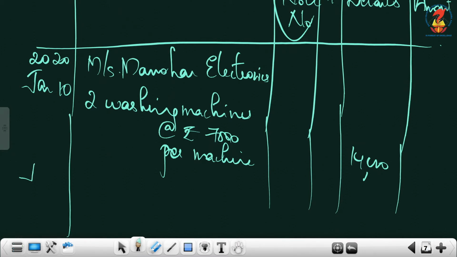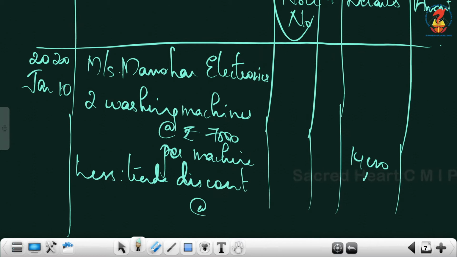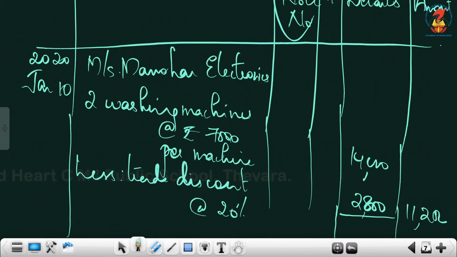It's again to the same seller you are returning. From this you have to less trade discount and all. So write less trade discount at the rate of 20%. So that is 2,800. The balance you can write in the amount column, that is 11,200.